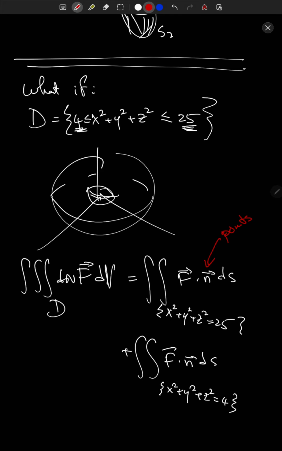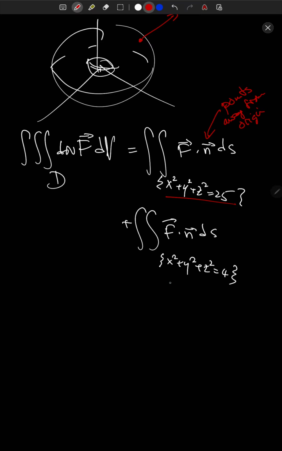The normal should always be the outward pointing normal. For the outside sphere, outward pointing is our usual concept of outward pointing, so let me be more precise by saying it points away from the origin.